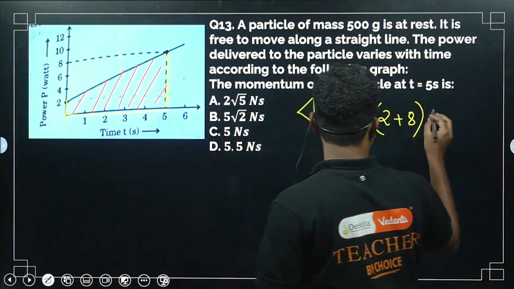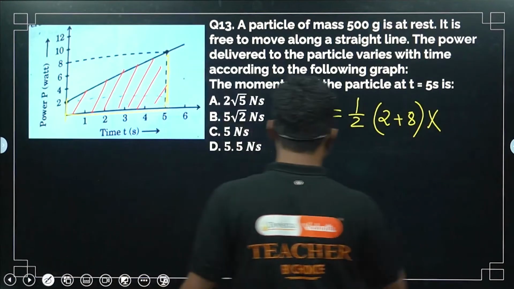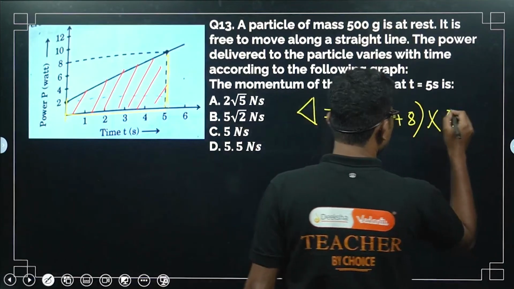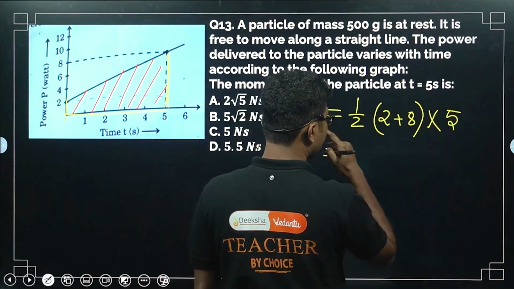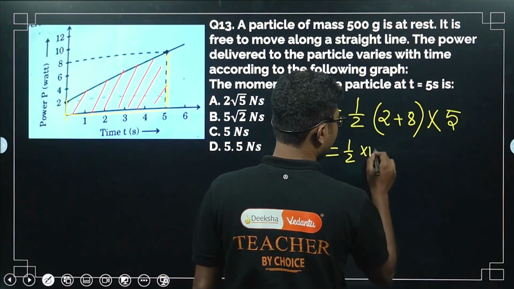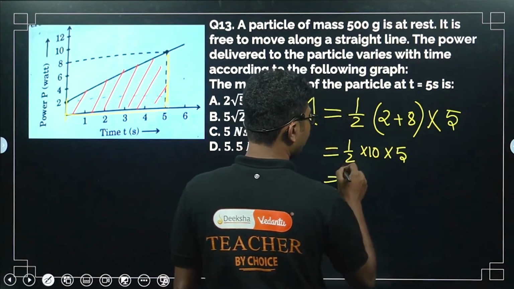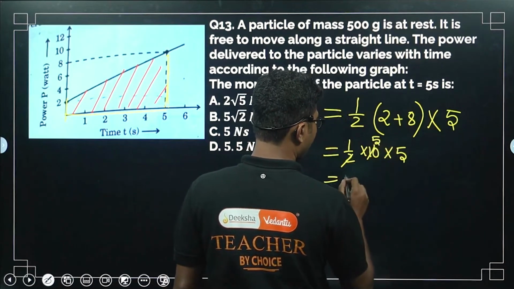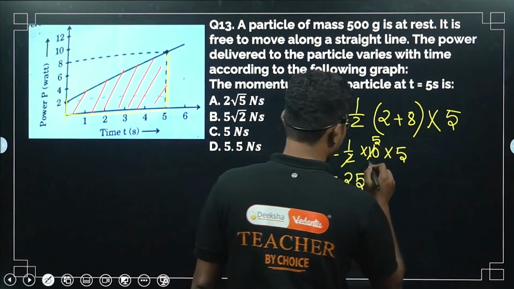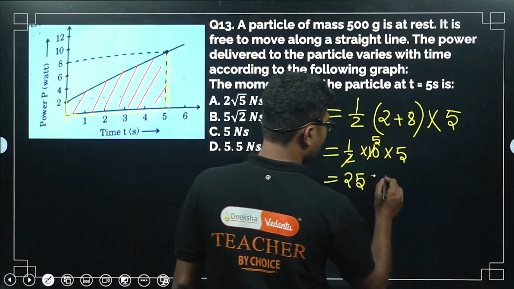So half times (2 plus 8) times the perpendicular distance between them. That is 5, right? So this is a trapezium, and we can easily calculate the area. Half times 10 times 5. So it will be 5 times 5, 25. 25 watt second, that is joule.